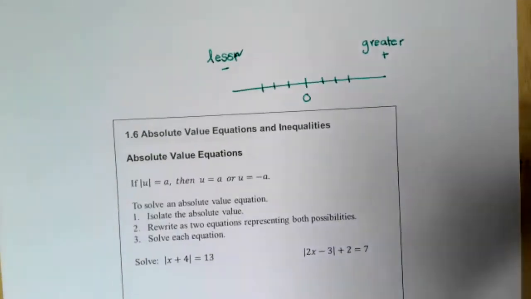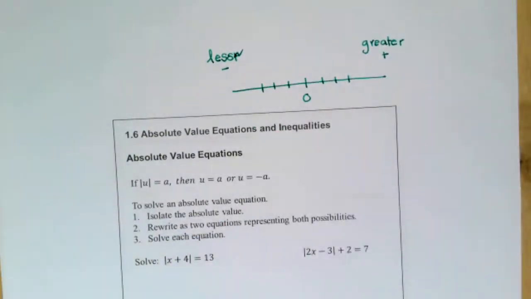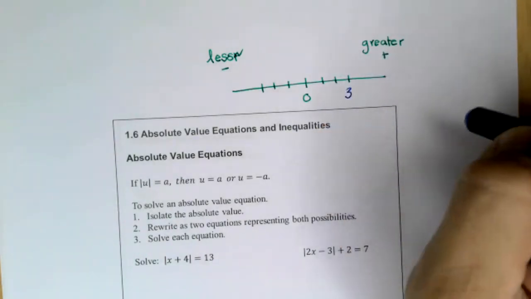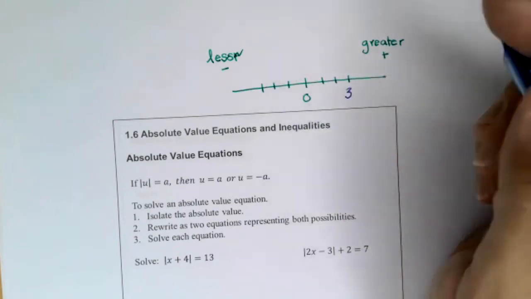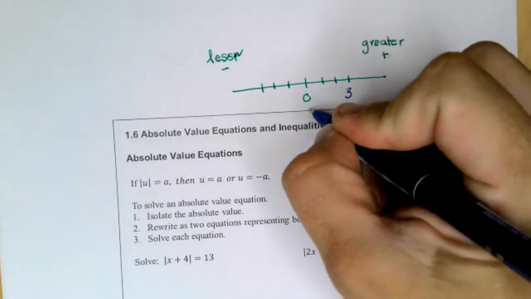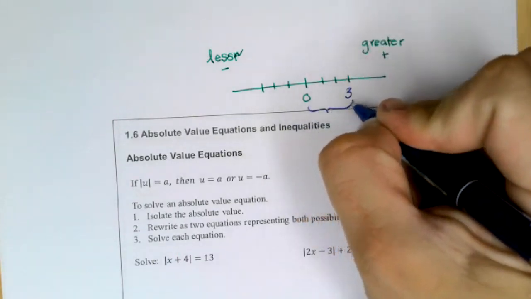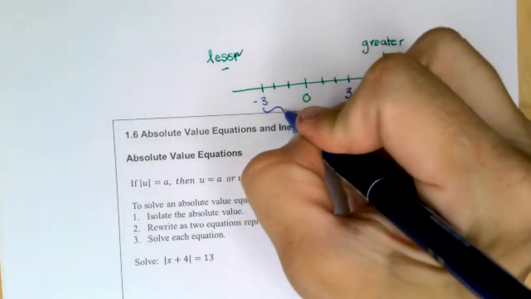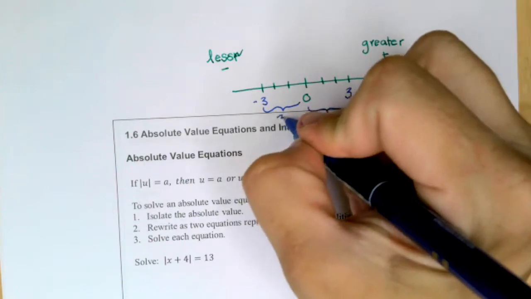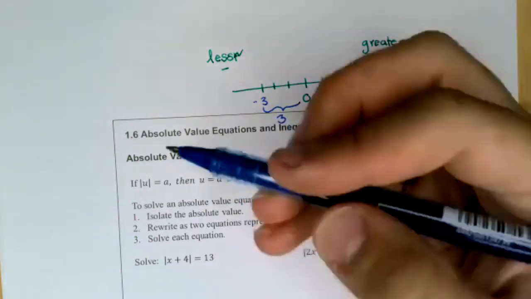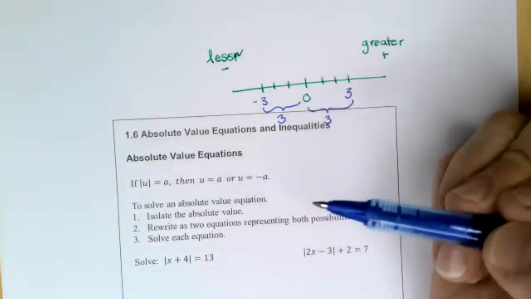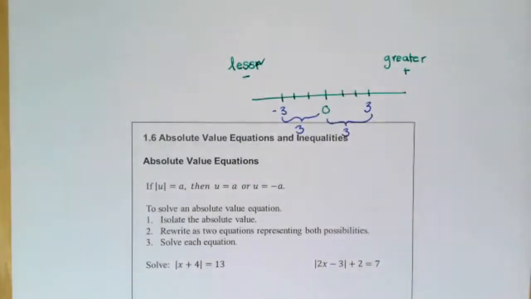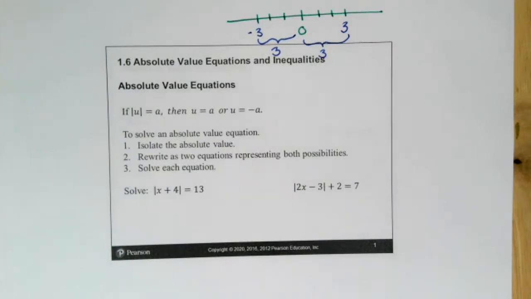So this is the number 3 on the number line. The distance between 0 and 3 is 3. Here's negative 3. The distance between negative 3 and 0 is also a 3. So absolute value will always be greater than or equal to 0. It will never be a negative number.